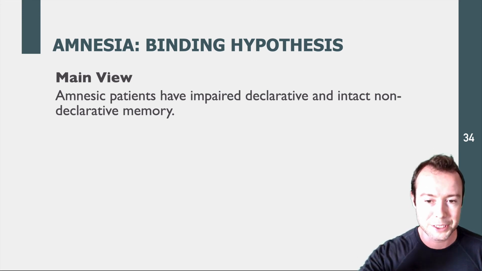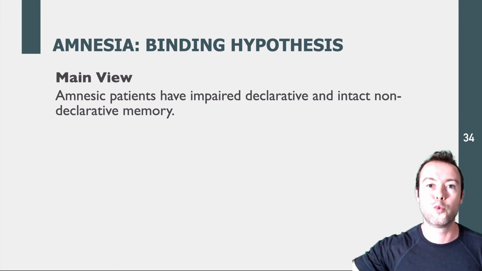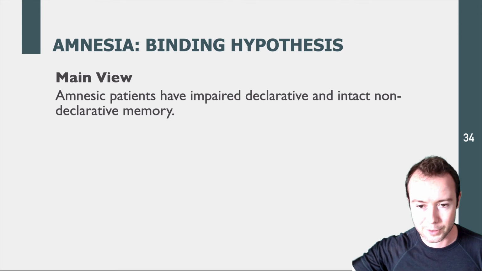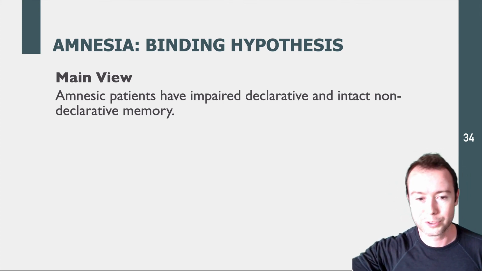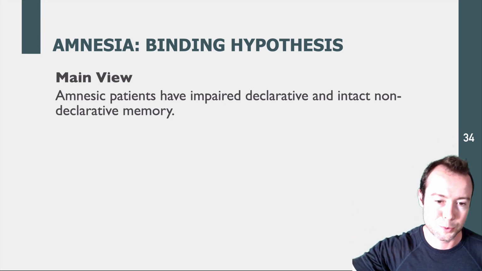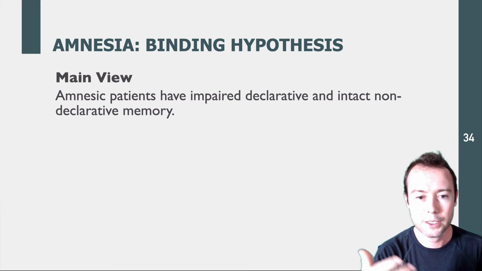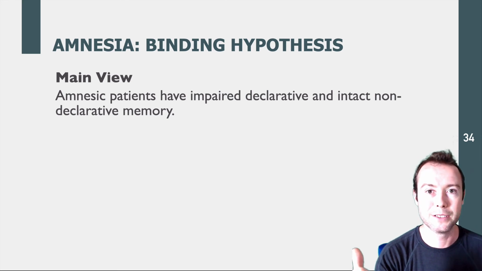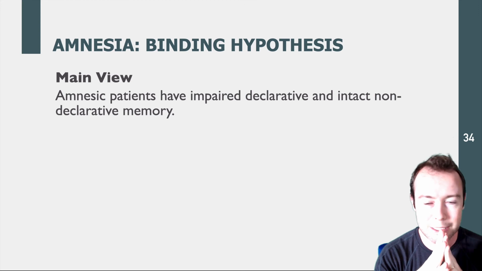We've got one memory system that reflects declarative memory, which is really impaired, and another memory system that reflects non-declarative memory, and this one is generally left intact. So the traditional argument is that amnesia is just knocking out the declarative memory system.